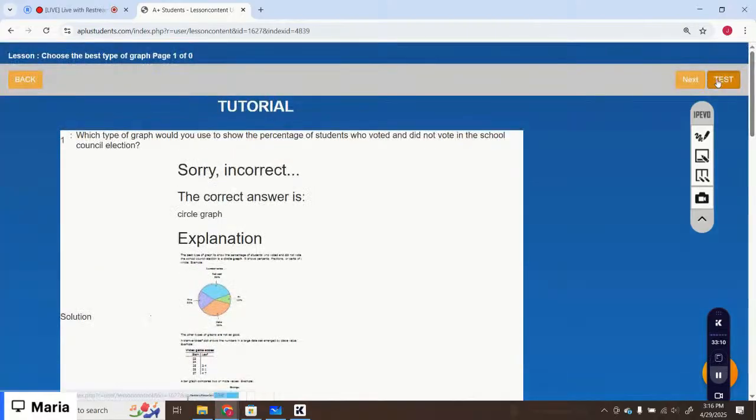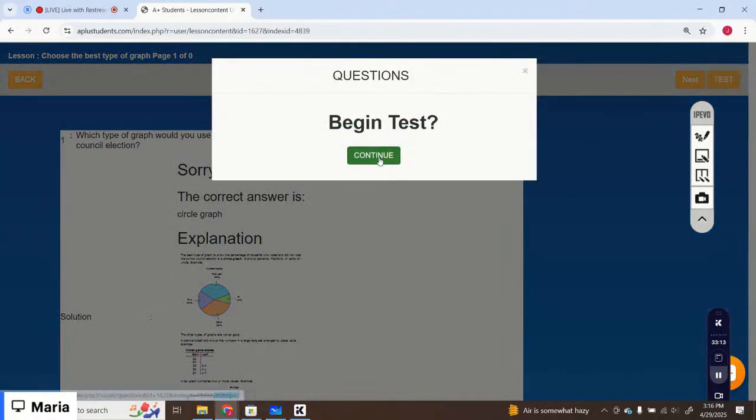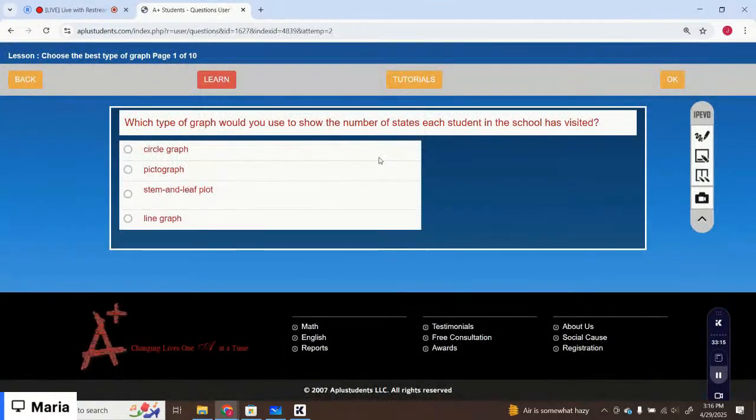Let's start with the test questions. Which type of graph would you use to show the number of states each student in the school has visited? The options are circle graph, pictograph, stem and leaf plot, and line graph.